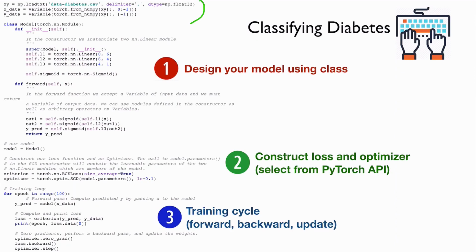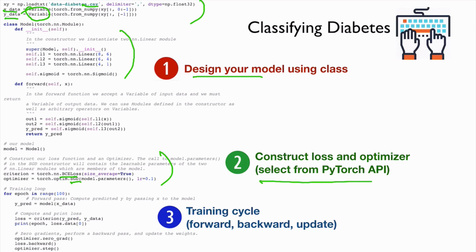We load our data from the CSV file, and then we make X data and Y data. Make sure they are all PyTorch variables. And then we build our model using this class. Our loss is BCE because it's 0 or 1 binary classification, and we use SGD.